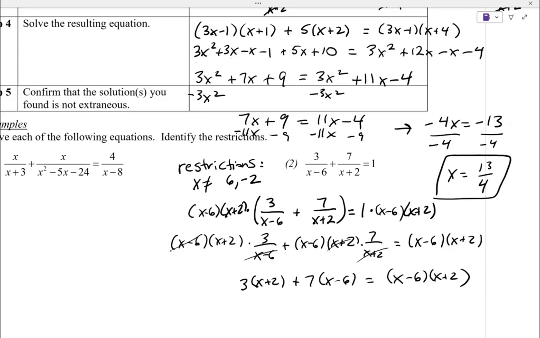Yeah, multiply it all out. Distribute everything. What do we get for that first one? Good. And the second one? Good. And then on the right-hand side? So we need to multiply that out too, right? What do we get there?